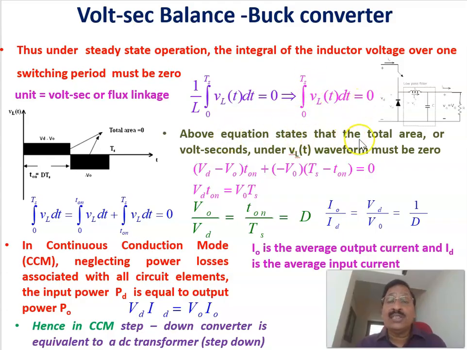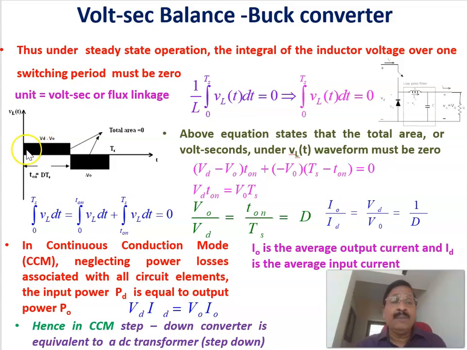The above equation says that the total area, as I told you in the previous slide, should be equal to 0. Therefore, the positive area should be equal to the negative area. We can see that integral 0 to Ts equals integral 0 to Ton of VL dt, that is this area, plus integral Ton to Ts of VL dt, this area, and the sum of these areas should be equal to 0.